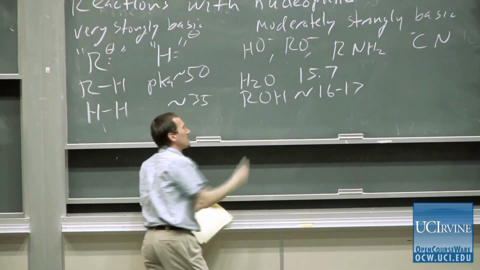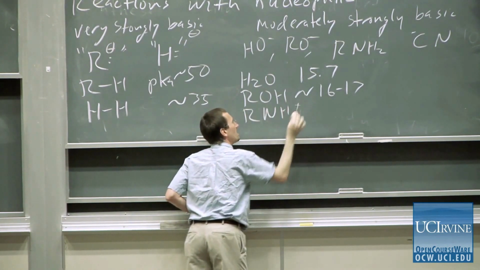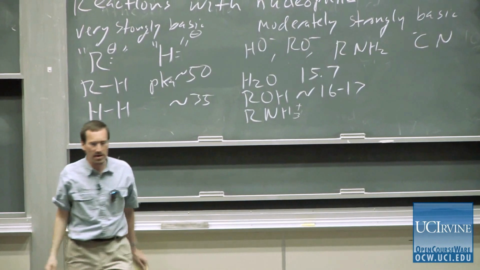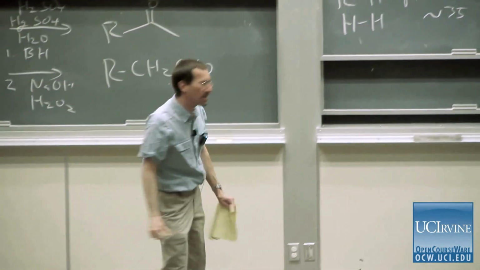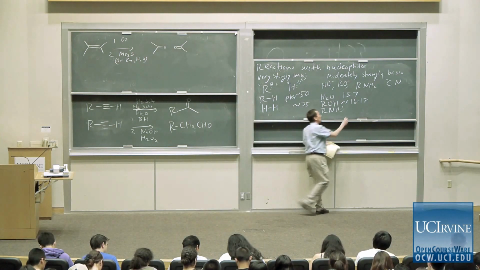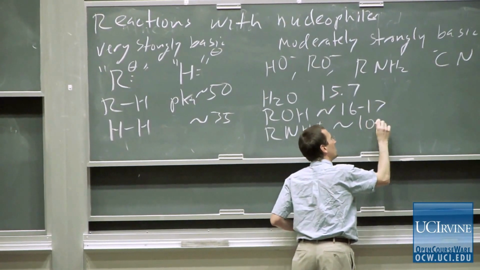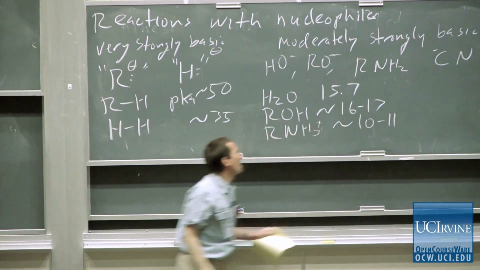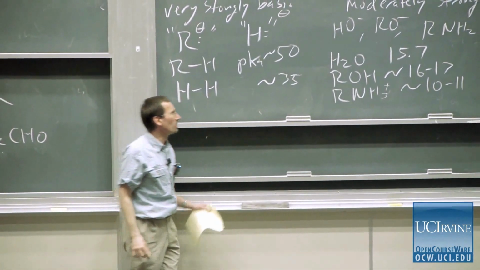The conjugate acid of amines is ammonium salts, RNH3+ for a primary amine, or R2NH2+ for a secondary amine. The pKa of a conjugate acid of an amine, of an ammonium ion, is on the order of 10 to 11, sometimes a little higher, sometimes a little lower, but that's a reasonable number.